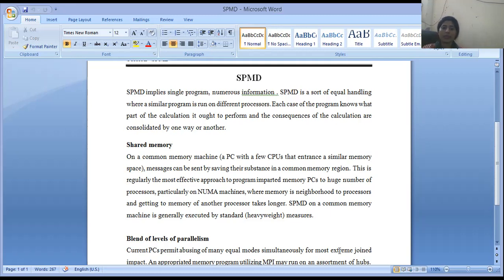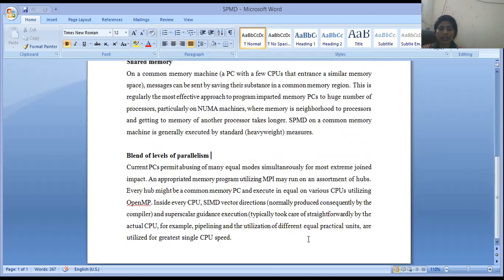In this also, one thing is discussed, that is the blend levels of parallelism. What is the blend level of parallelism? Then I will again come to some significant points on NUMA machines. Okay, so first let us discuss this blend level of parallelism.